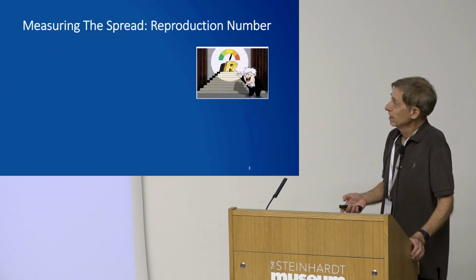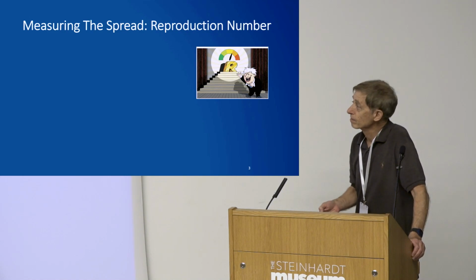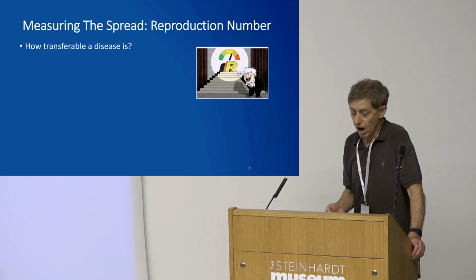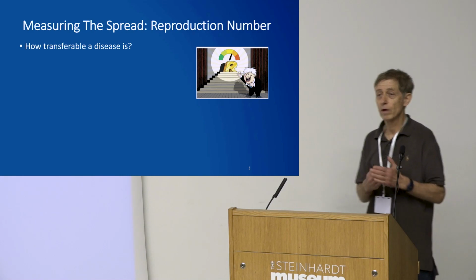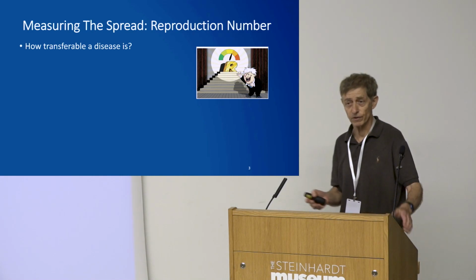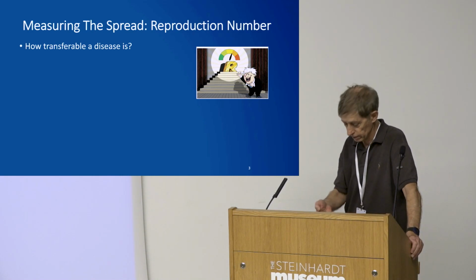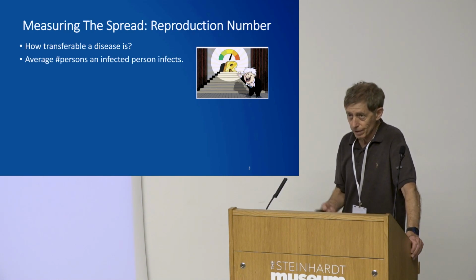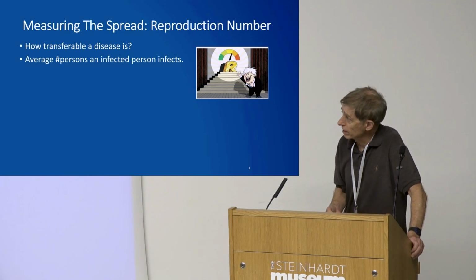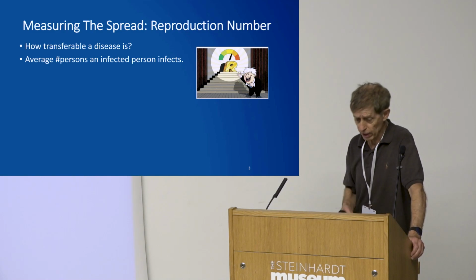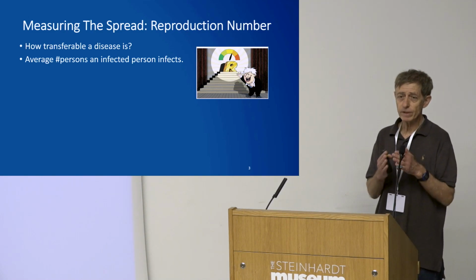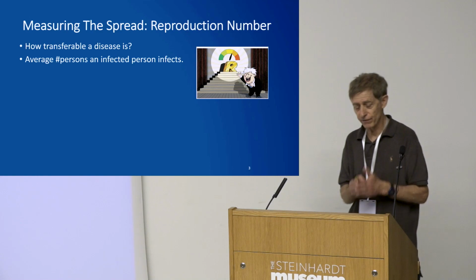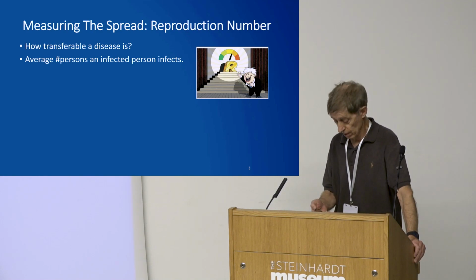And who is Mr. R? R measures how transferable the disease is. Very simply, it is the average expected number of persons that an infected person would infect.